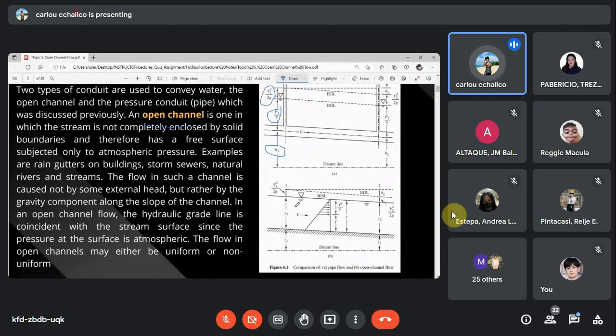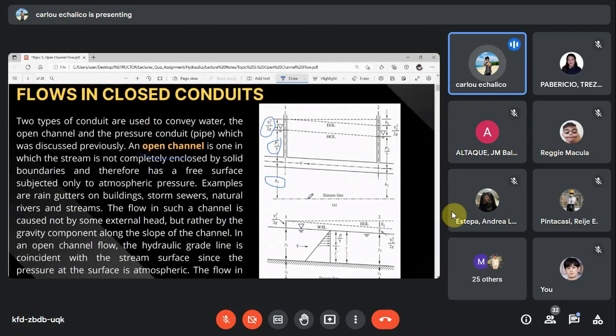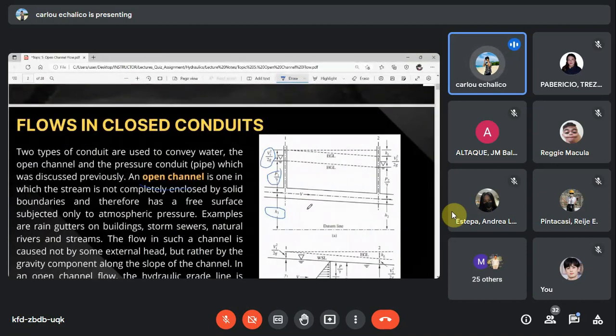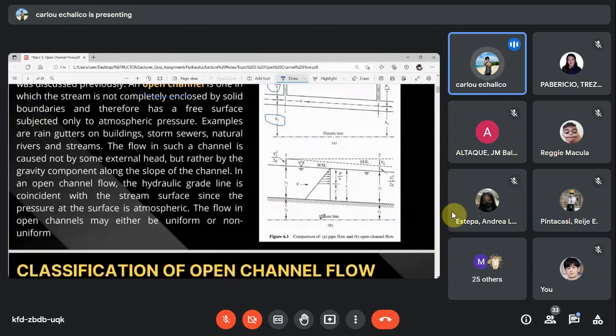So, therefore, if we are going to take the total energy sa closed conduits, we have to consider v squared over 2g plus the pressure head and the velocity head. But for open channel, that is just the velocity head, and also the elevation head.